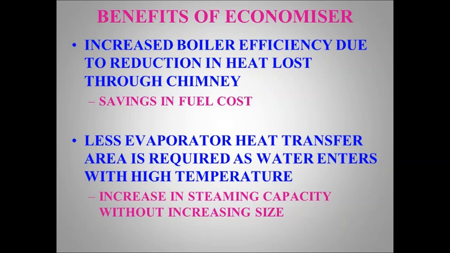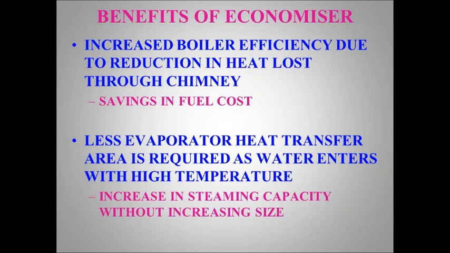So we find the introduction of the economizer in the system of steam generation has improved the boiler efficiency by reducing the heat loss through the chimney, and thereby saving fuel cost, as less fuel is required to reach the steaming parameter.